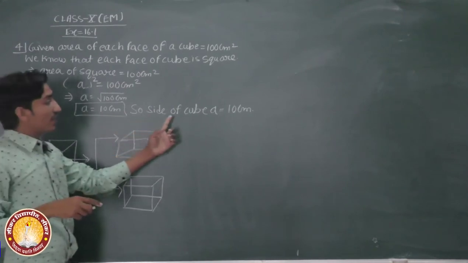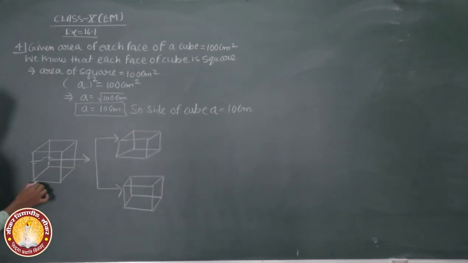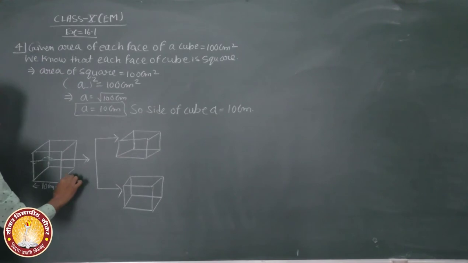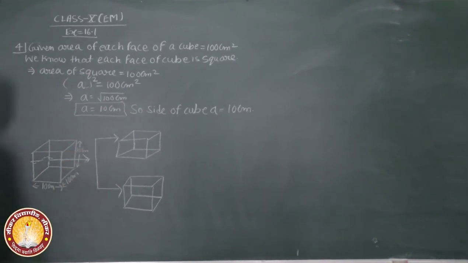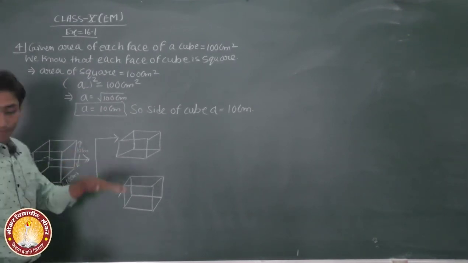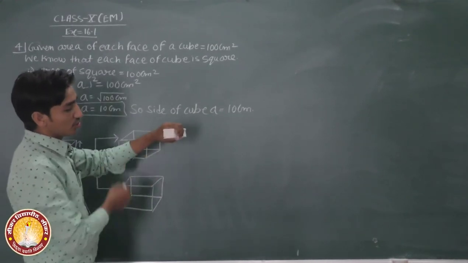So the side of the cube a is equal to 10 centimeters. So its length is 10 centimeter, its breadth 10 centimeter, and its height also 10 centimeter.